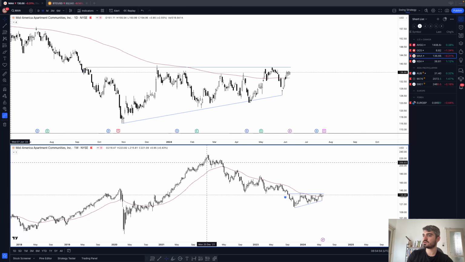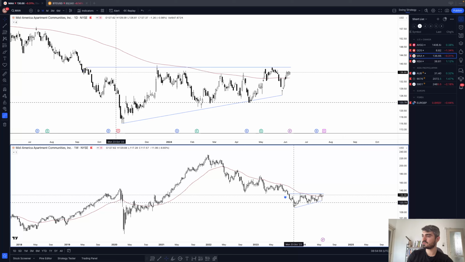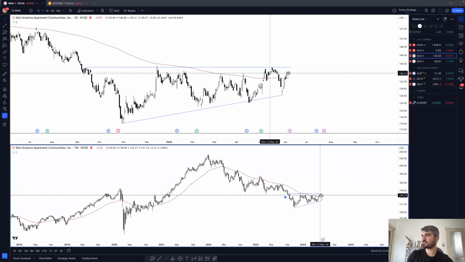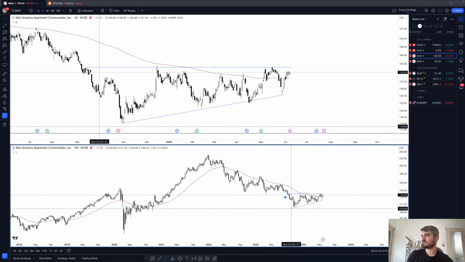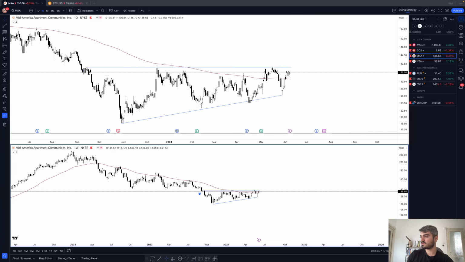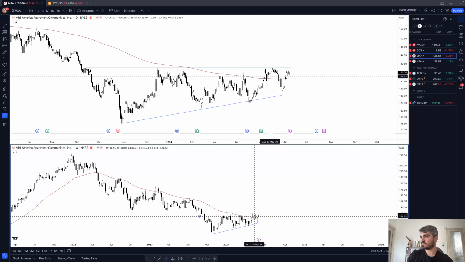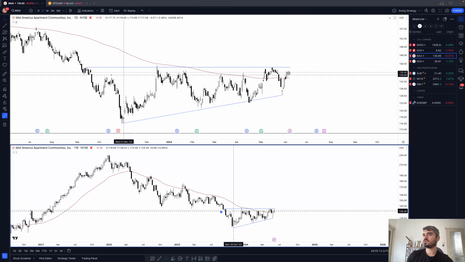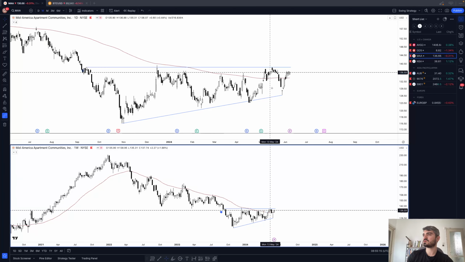I like to see ascending triangles that are coming off a downtrend. Once again, guys, we are starting to play again with the 200-day EMA, closing above it in several weeks, 1, 2, 3 weeks. Okay, we have 1, 2, 3 touches.